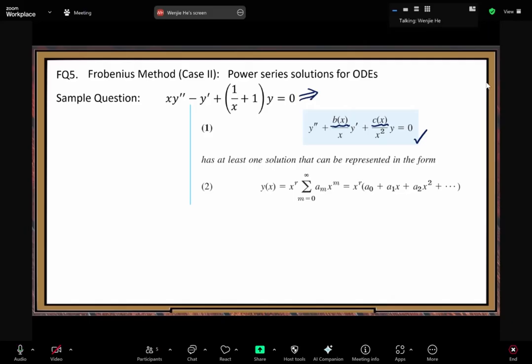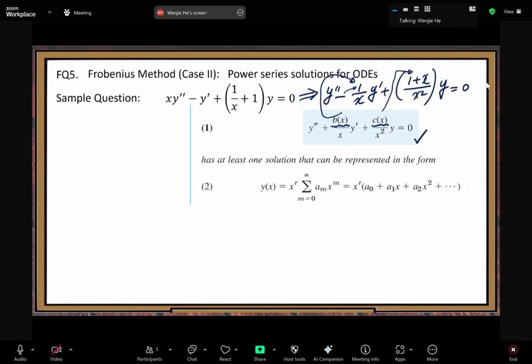So we get y double prime minus 1 over x y prime plus (1 plus x) over x squared y equals 0. Now you can see b of x is negative 1, because you need to consider the sign, and c of x is 1 plus x.